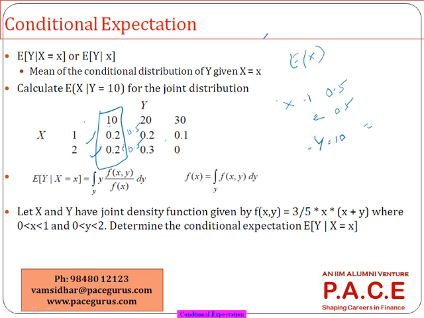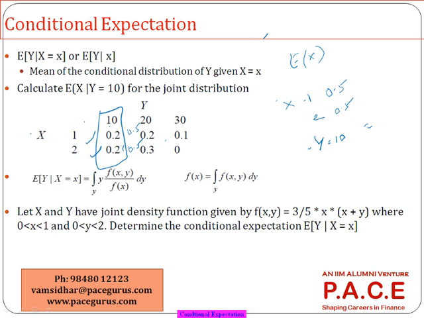That is in case of discrete. In this case, even if y equal to 10 is not given, the conditional expectation came out to be the same, because across all y's, x equal to 1 has probability 0.5 itself, adding up 0.2 plus 0.2 plus 0.1. So it is coming out to 0.5 and 0.5 only, but it is not the case always.